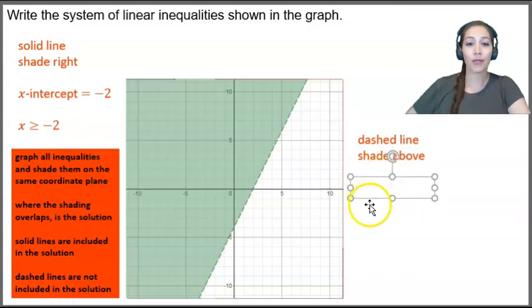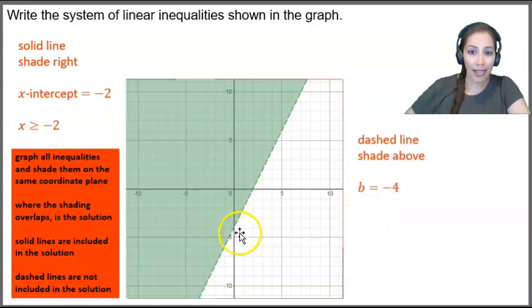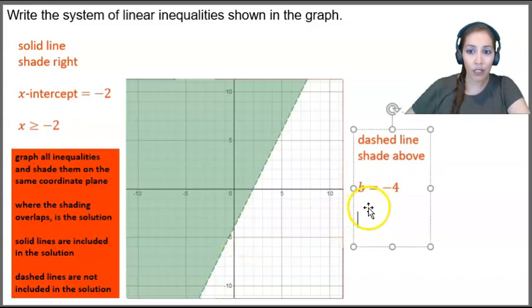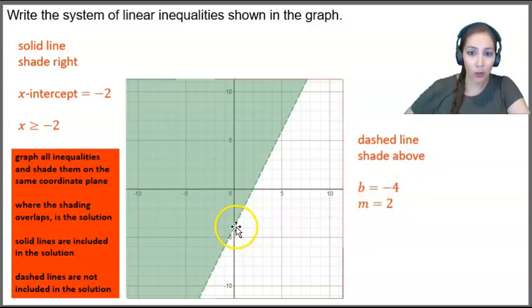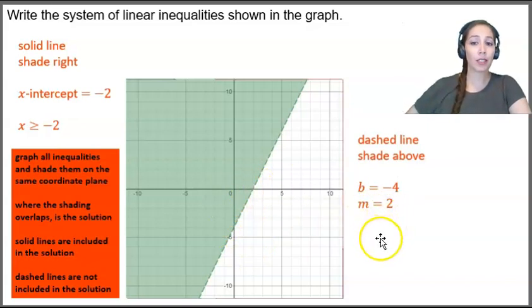So we're going to have our y-intercept right here, which is at -4. And I can see that my slope in this problem is 2. We go up 2 to the right 1, up 2 to the right 1. So since we figured this is going to be y greater than, we can put that in our mx plus b, 2x minus 4. So now we have our next line here.